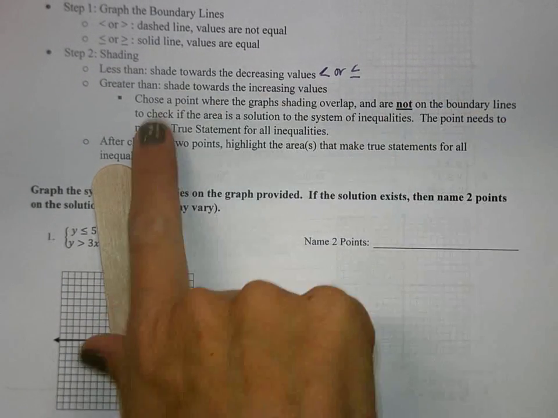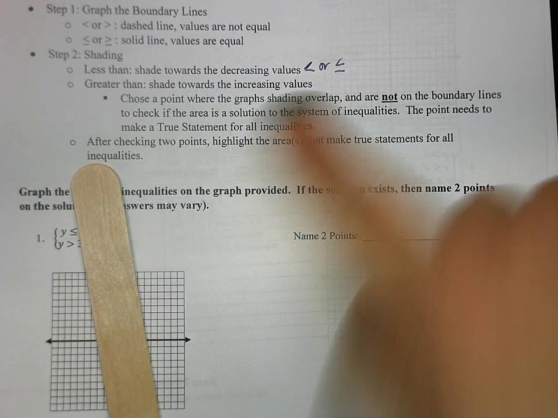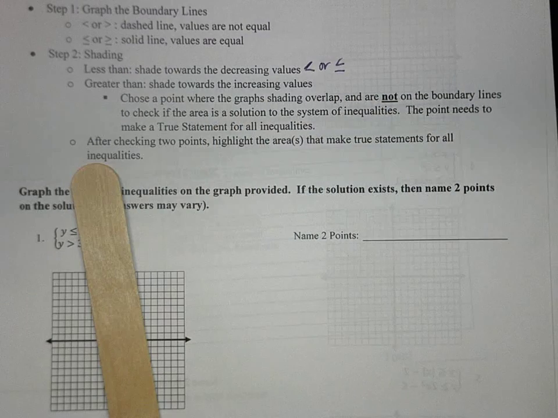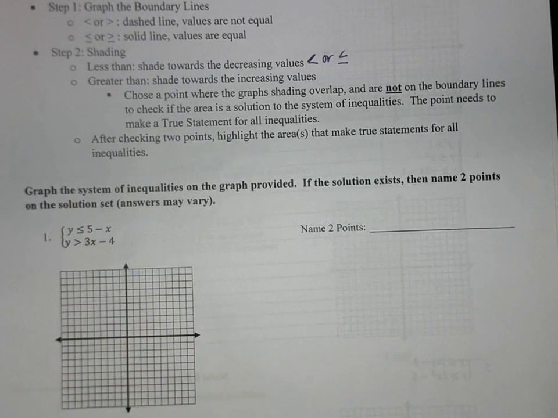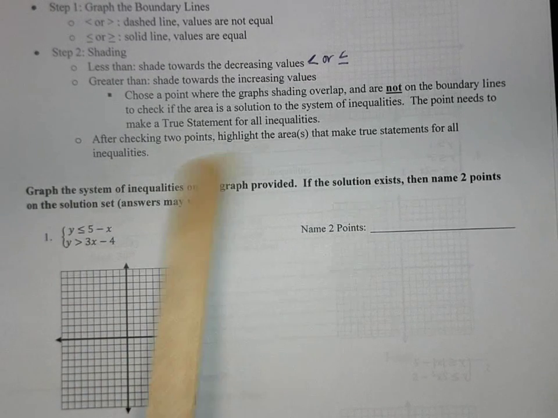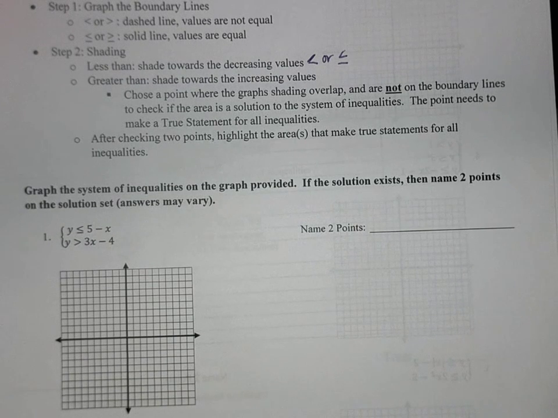So you always check a point where the shading overlaps to make sure that you shaded correctly, because the point should work in both of those equations. This is why we're choosing a point. And then after you check the points, you're going to highlight the area that makes a true statement for all inequalities. Okay, so we're going to just start doing some examples, and hopefully this all makes sense.